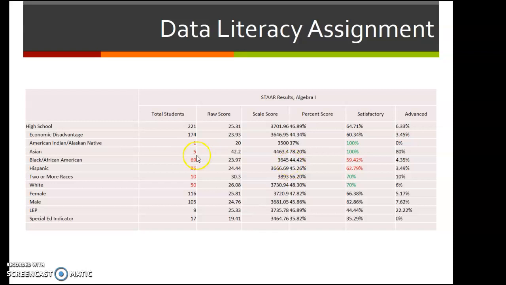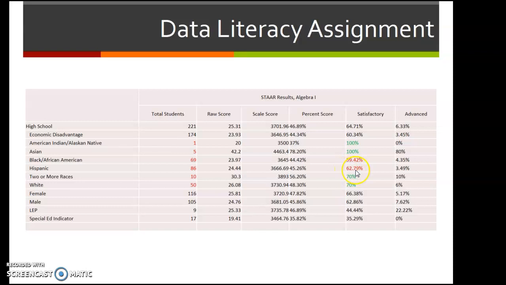So when you look at the pass rates, these are kind of the lower pass rates. So for the African American and Black students, they have a 59% pass rate. So comparing that to the whole school, again, that number, especially since there's 69 students of the 221, that's a large group, are African American. These students may need, we may provide a recommendation that they get some additional help.